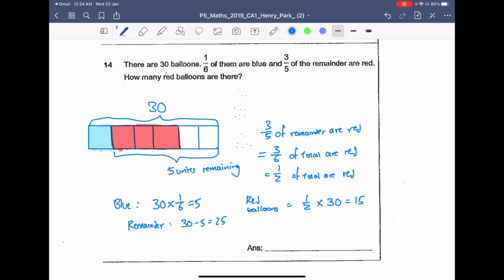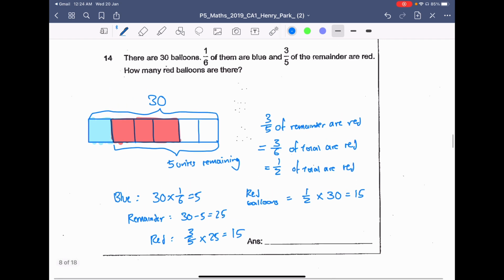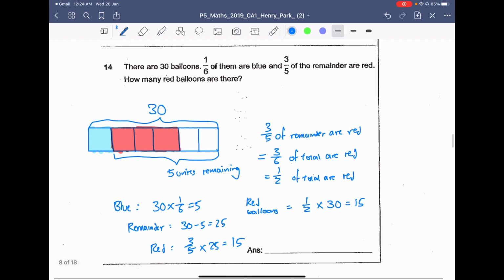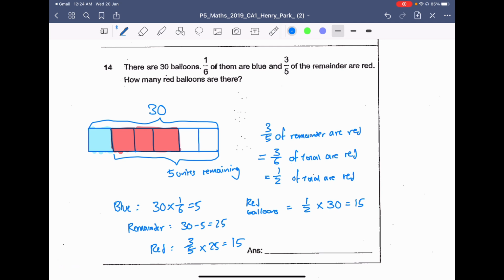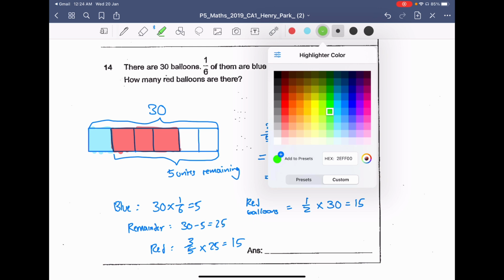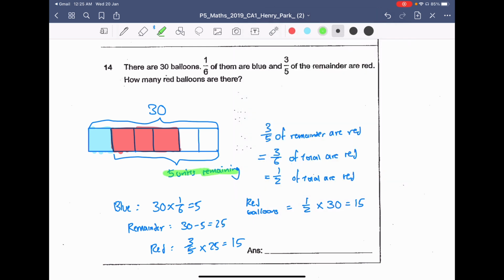And from there, you just find what is 3/5 times 25, which also gives you 15. So both methods are fine, but for the first method, you have to ensure that the remaining units matches the denominator of the remainder units.